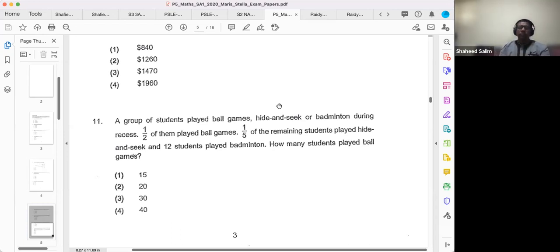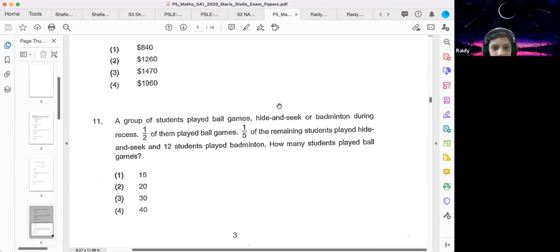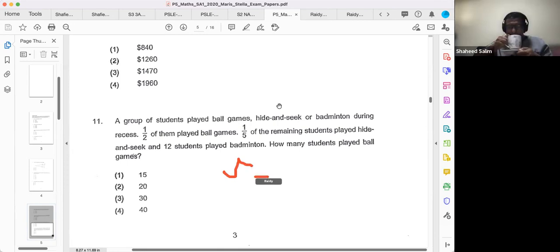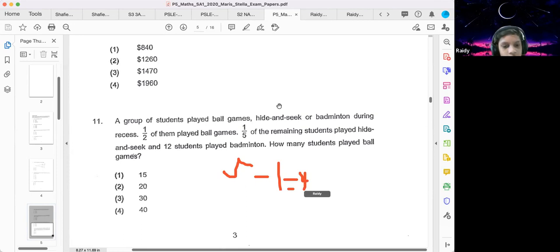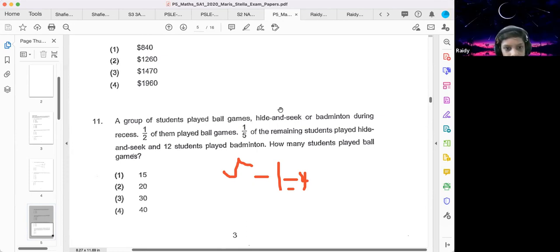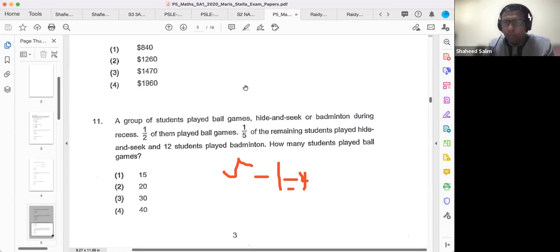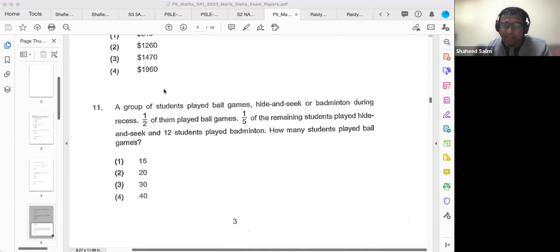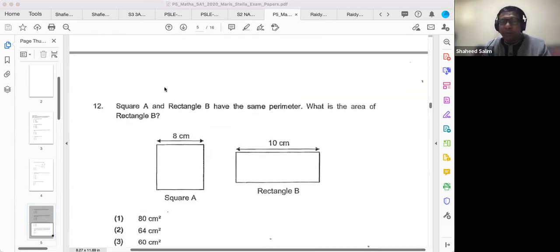Can you explain to me? So you take 5 minus 1, get 4. 4 units equals 12. 1 unit is 3. Then 3 times 5, you get the answer. Well done, well done. Hey, you are so capable. I imagine you will be scoring A's for the P6 paper. So P5 paper, you should have no problem.